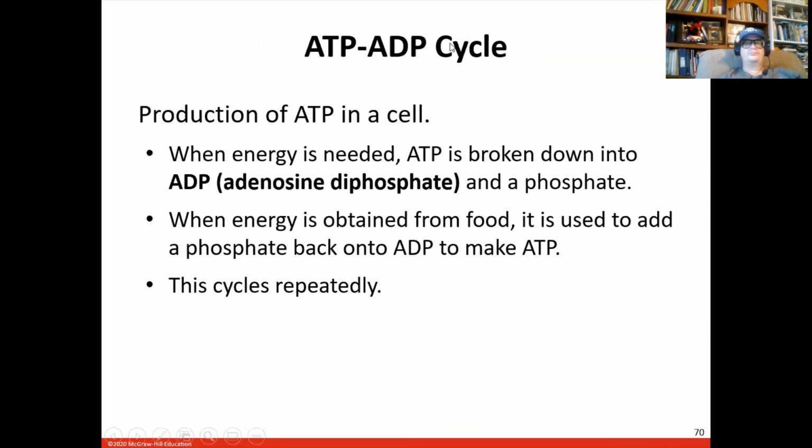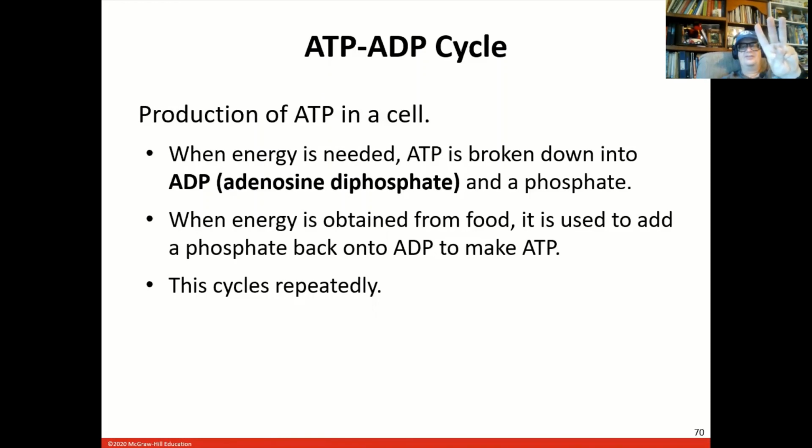So let's talk about the ATP-ADP cycle. ATP is adenosine triphosphate, and ADP is adenosine diphosphate. Basically, we have ADP, adenosine diphosphate. It's got 2 phosphates on the end. And if we can phosphorylate it, that's a fancy way of saying we can attach another phosphate, we suddenly make ATP, adenosine triphosphate.